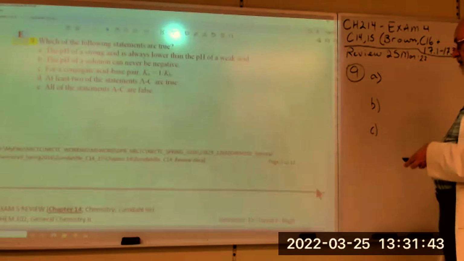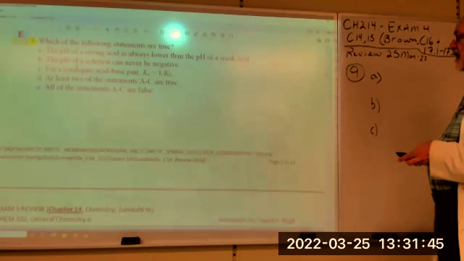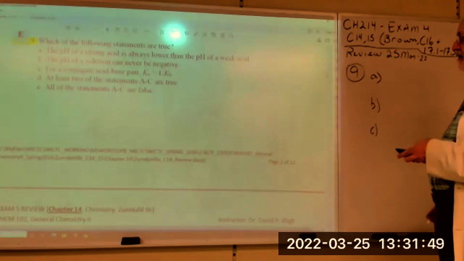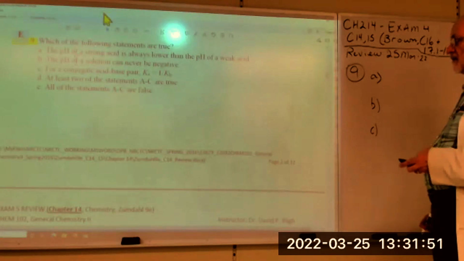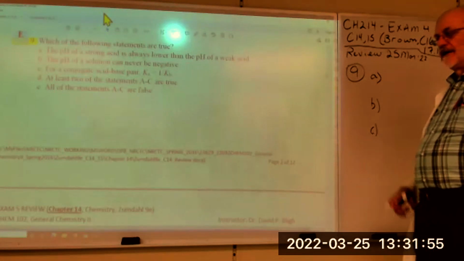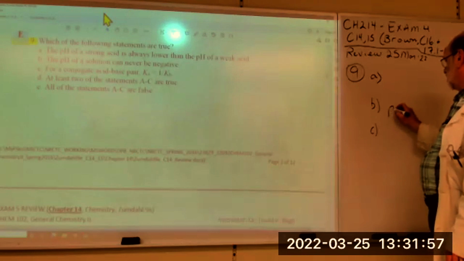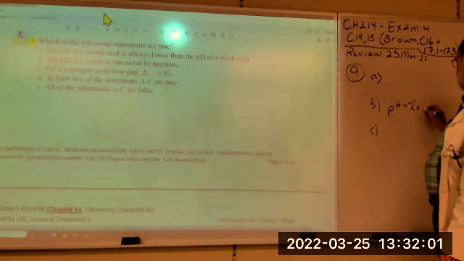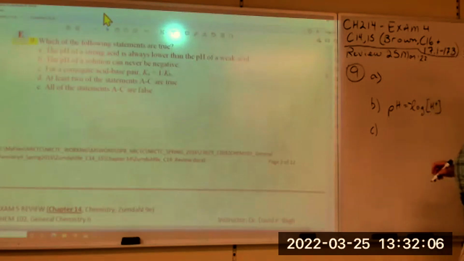How about, the pH of a solution can never be negative? Is that true? Think of what pH is. pH is negative log of the hydrogen ion concentration. Right? If you get this number big enough, you can make it negative.